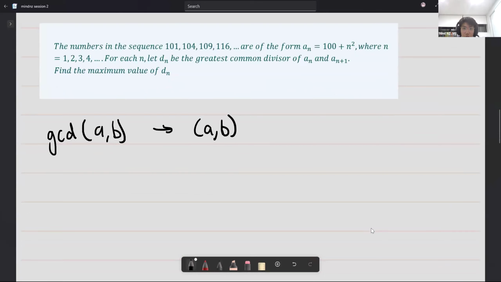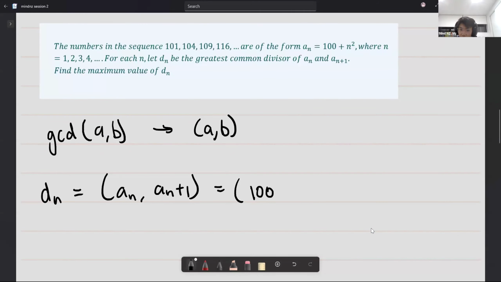Okay, anyways, so dn is equal to the greatest common divisor of an and an plus 1. If we look at what they're equal to, an is equal to 100 plus n squared, and the other one is equal to 100 plus n plus 1 squared.